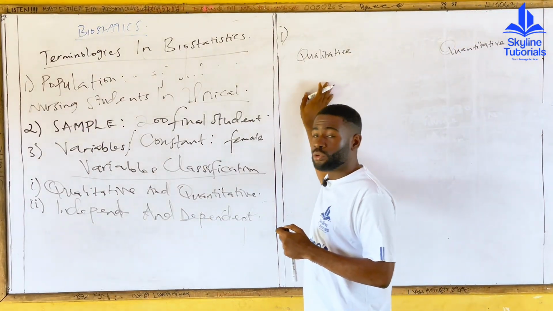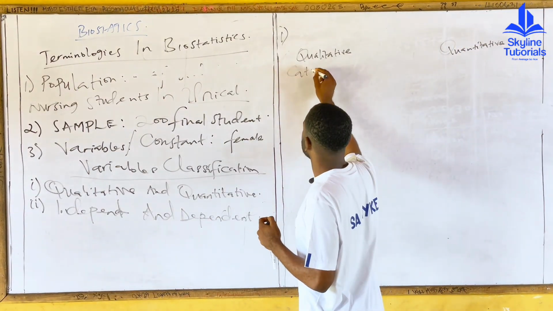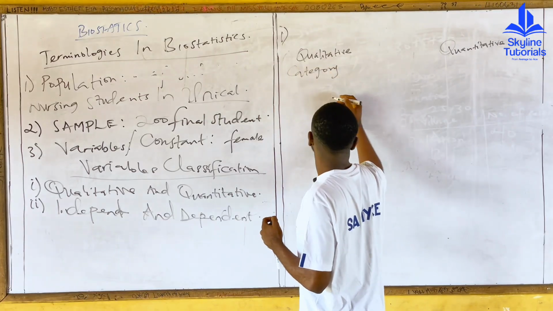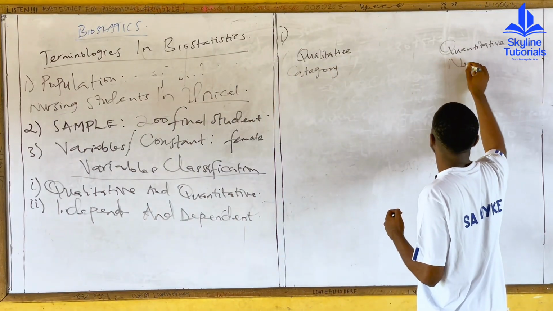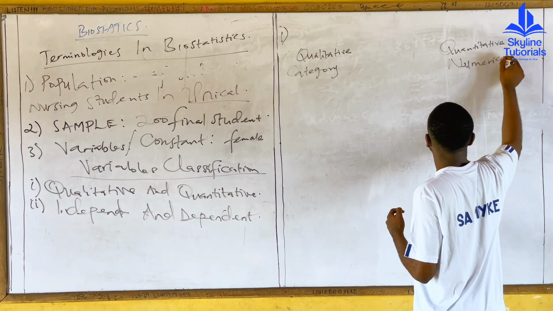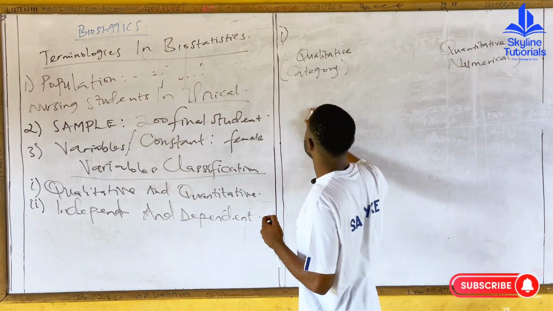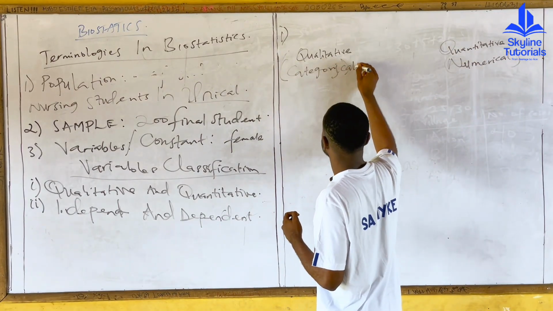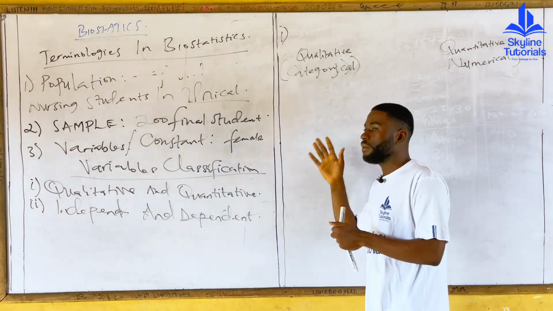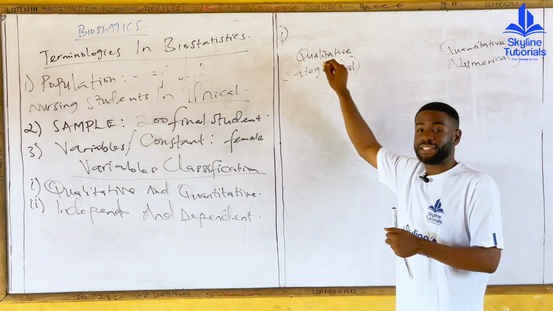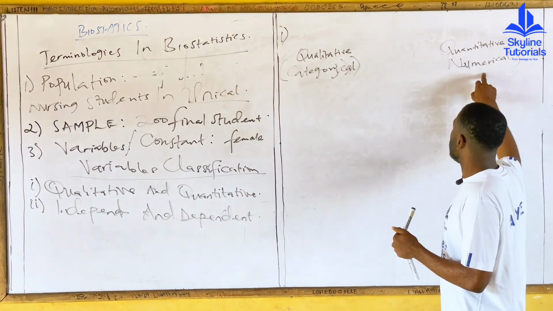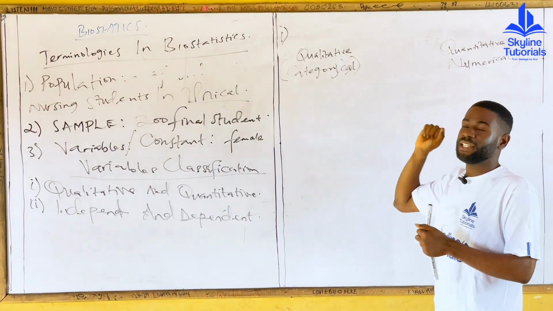Qualitative can also be called categorical, quantitative can also be called numerical. Take note. I either call them category or categorical variable, or I call them qualitative, or I can call them numerical or quantitative.